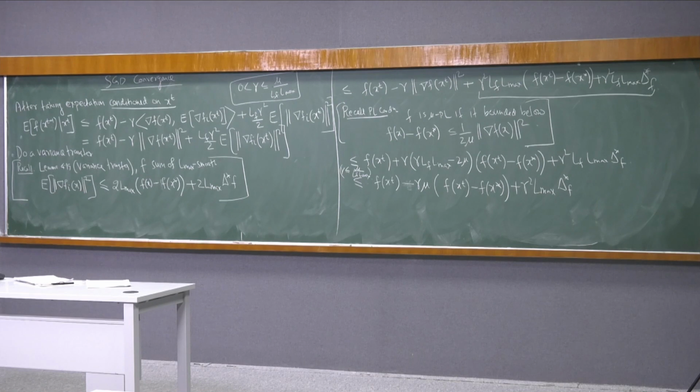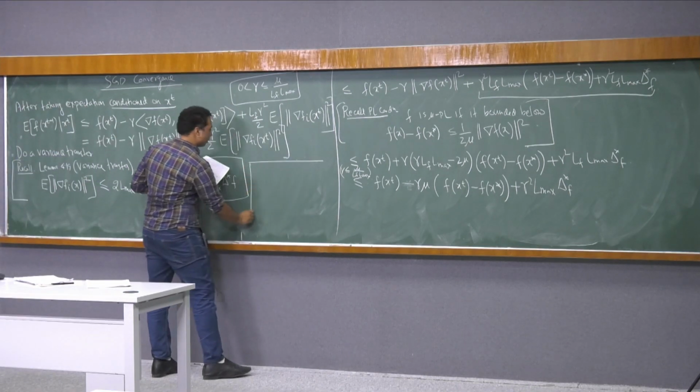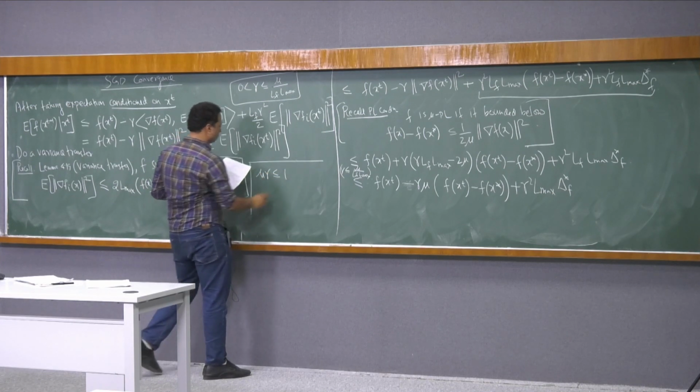So mu is less than or equal to LF, and if I multiply by gamma on both sides, what we are supposed to prove is mu gamma is less than or equal to 1.